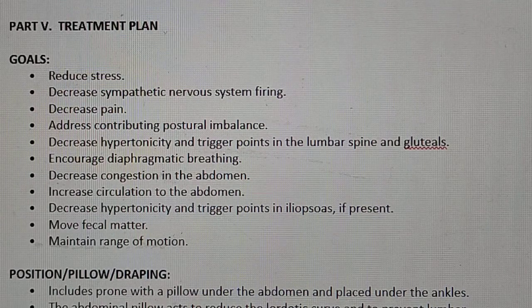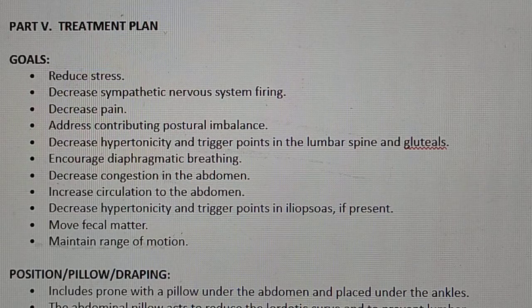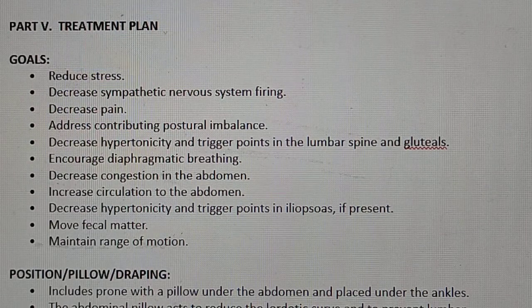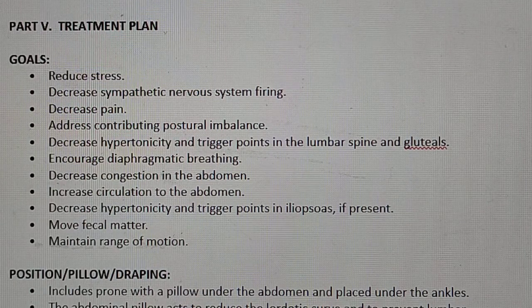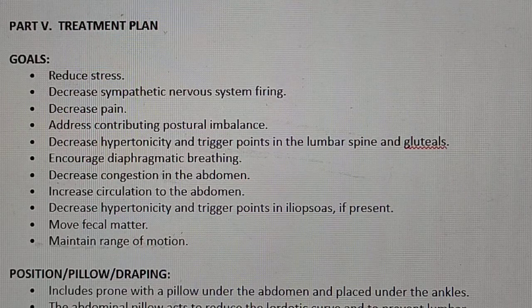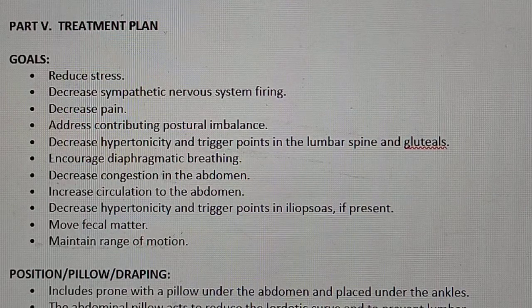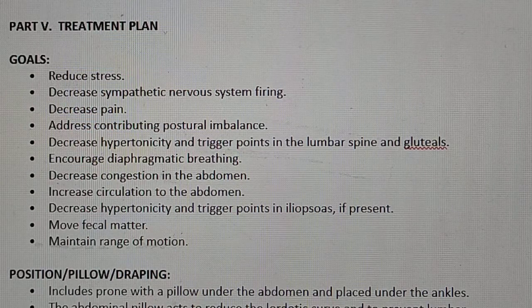Okay, decrease congestion in the abdomen. So tell the client to decrease any congestion in the abdomen area. Increase circulation to the abdomen, to loosen up the stool, the hard stool, feces. Okay?